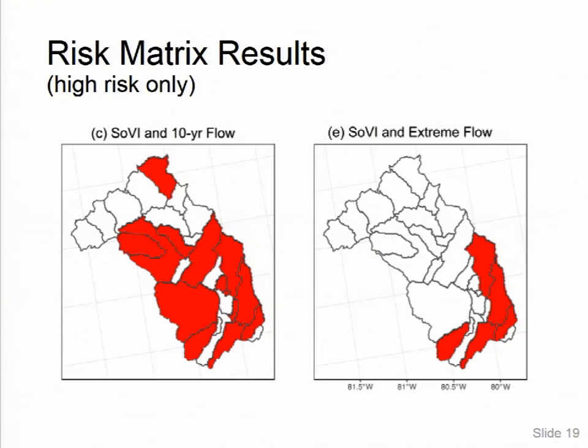So where those streamflow events overlapped with vulnerable communities. We can see there are quite a few subbasins showing up in both of these cases, and that can help us pinpoint where we would want to start helping communities in terms of climate change adaptation planning. We'll look at one specific subbasin that's showing up in both of these cases.